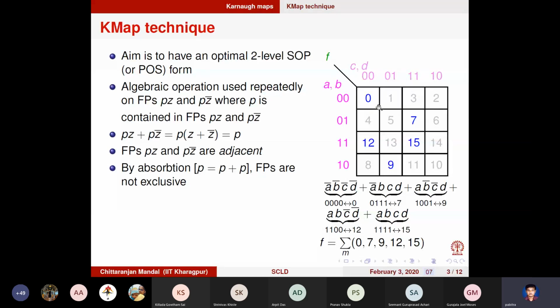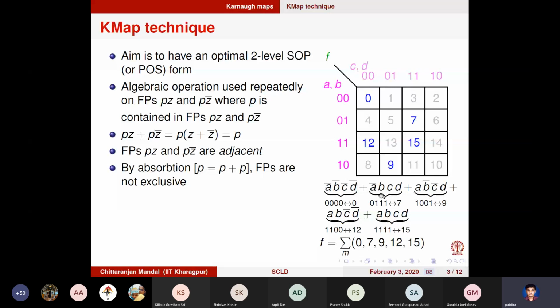This is the sigma notation, where f is represented as sigma over minterms m, and the true minterms are 0, 7, 9, 12, and 15. So you can represent f as the 0th minterm plus the 7th minterm, and so on, which is the sum of products form, since minterms are products. For example, the 7th minterm is 0, 0, 1, 1, which means A bar, B bar, C, D. This way you express a function.